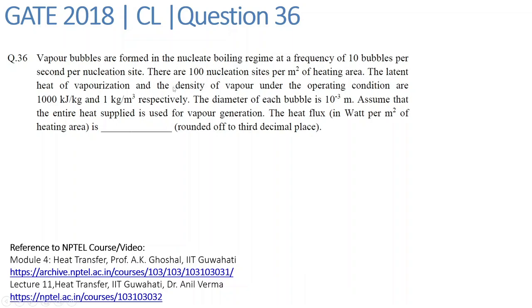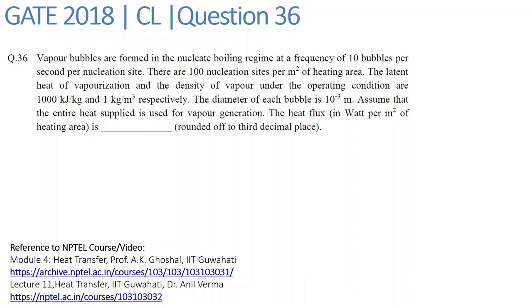The latent heat of vaporization and density of vapor under operating conditions are given as 1000 kJ per kg and 1 kg per meter cube respectively. The diameter of each bubble is 10 raised to minus 3 meter. Assume that the entire heat supplied is used for vapor generation. The heat flux in watt per meter square of heating area is dash.